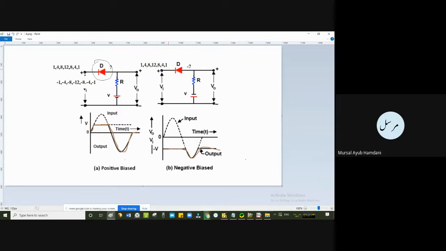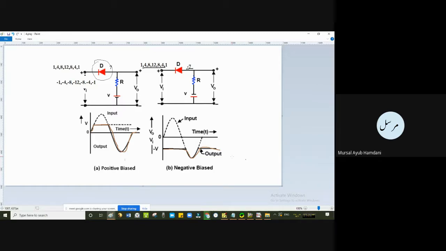Similarly we have done. So now what will happen? It will always sit at minus 7. So it is always reverse biased in the case of the positive half cycle, because these are the positive values that it takes, it will always be reverse biased, isn't it? Reverse bias means that the input is not connected to the output, and we have only this voltage sitting at the output, minus 7 now. So that is why during the positive half cycle we'll have this minus 7 coming about.